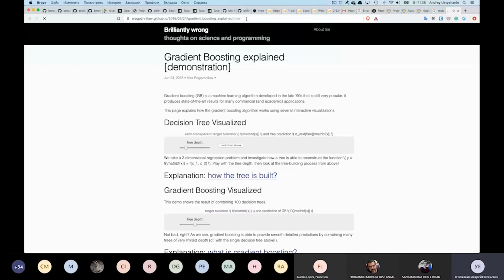And while it's loading, I will also paste the link to the chat window because it's fun to play with this yourself.